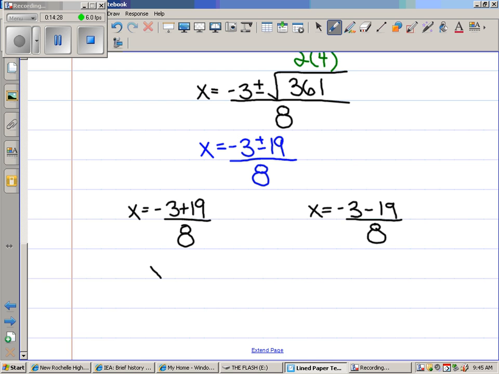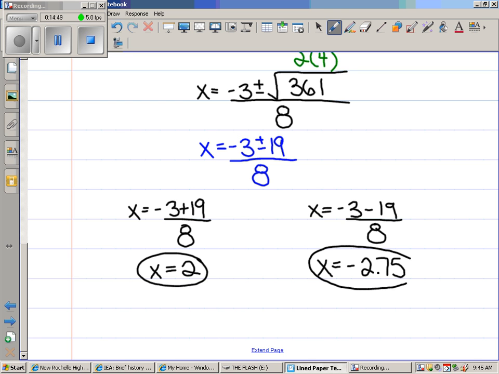What's 16 divided by 8? Ooh, there's one answer. How about what's negative 3 minus 19? Negative 22, right? What's negative 22 divided by 8? There's the other one. We're done, right?